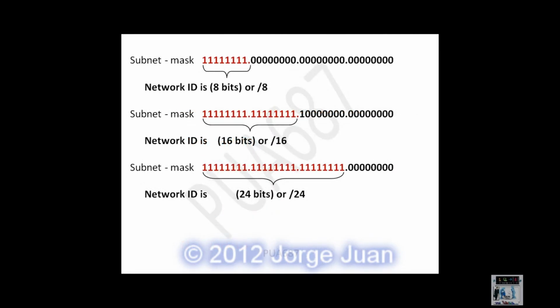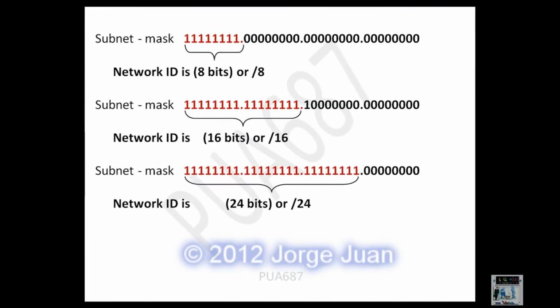Okay, in dotted decimal notation, the subnet mask takes the form of a 32-bit IP address. In other words, it looks just like an IP address.